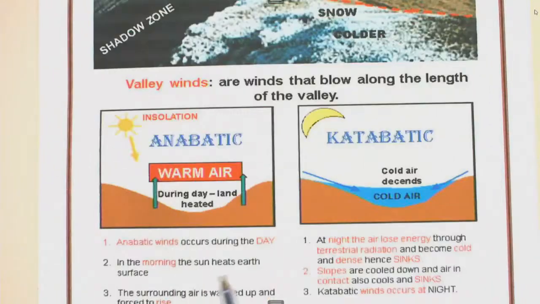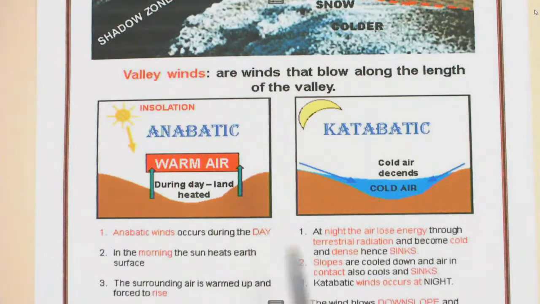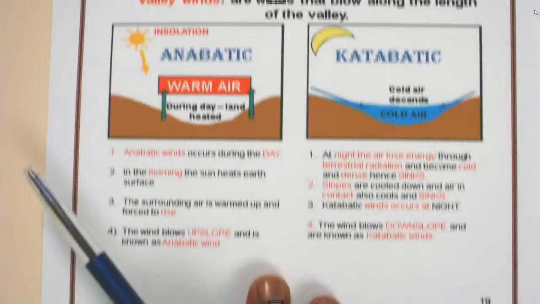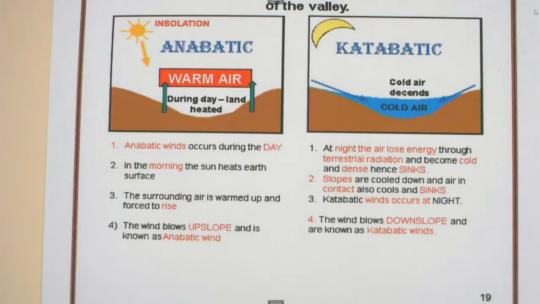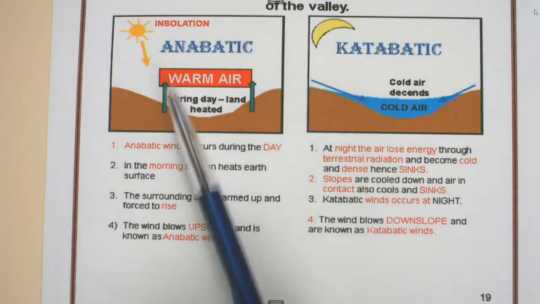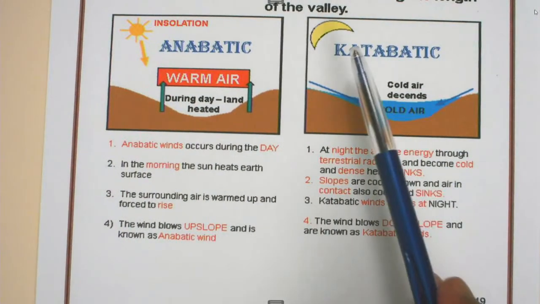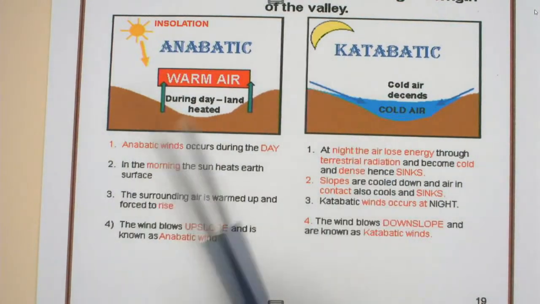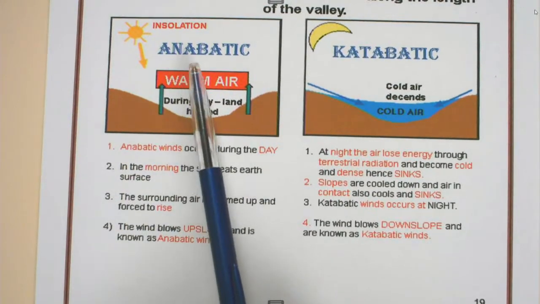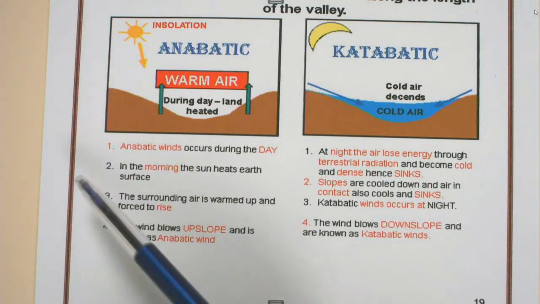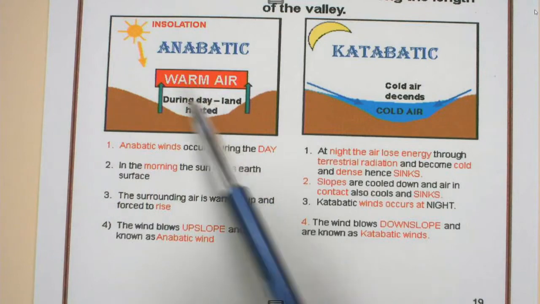Okay, another two concepts that can be confusing are the anabatic winds and katabatic winds. Please let us not make the mistake of missing out marks on these two concepts. Anabatic occurs during the day, katabatic at night. For you not to forget anabatic wind, just think about the little girl Anna who goes to school during the day.